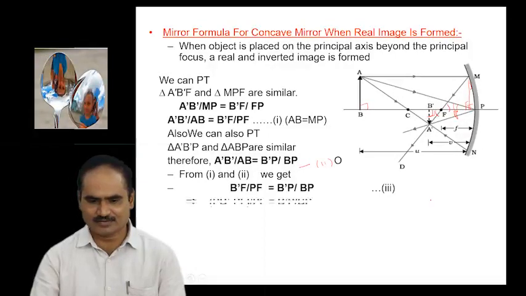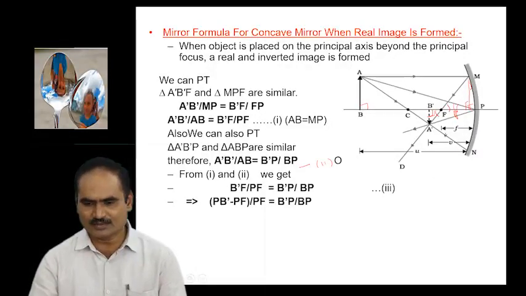That's what we write here: B'P minus F, otherwise PB' minus PF. The remaining things are the same: PF is equal to B'P by BP. We'll take it. Then using this sign convention, we should write these terms in terms of U, V and F.